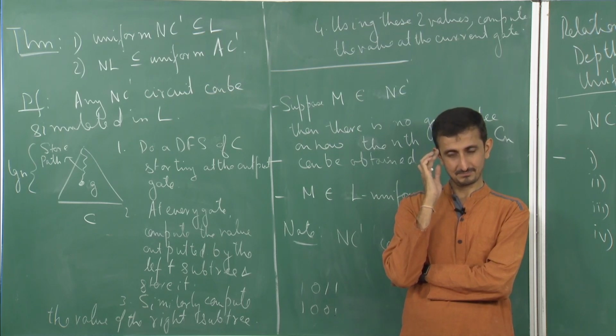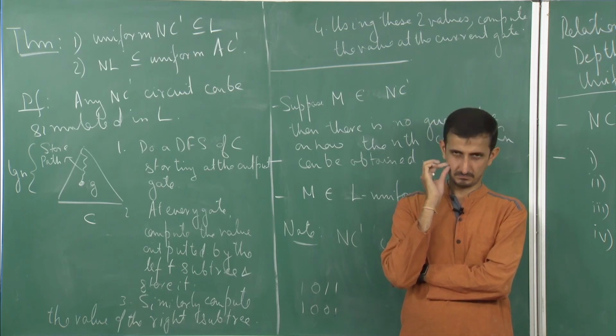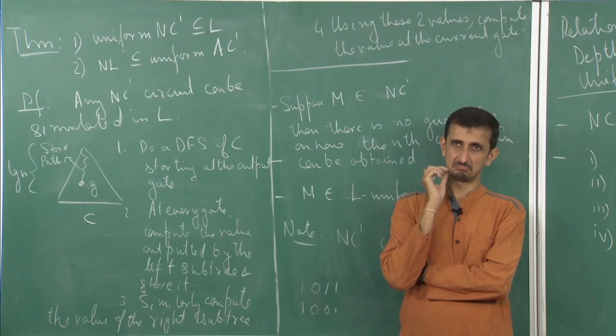So if I select some uncomputable number and I say that we are taking the bits of those uncomputable numbers, then we can show basically the existence of such NC0 classes with undecidable languages.